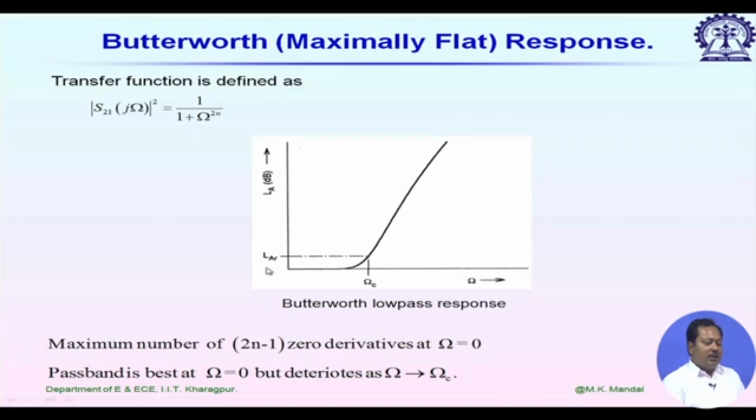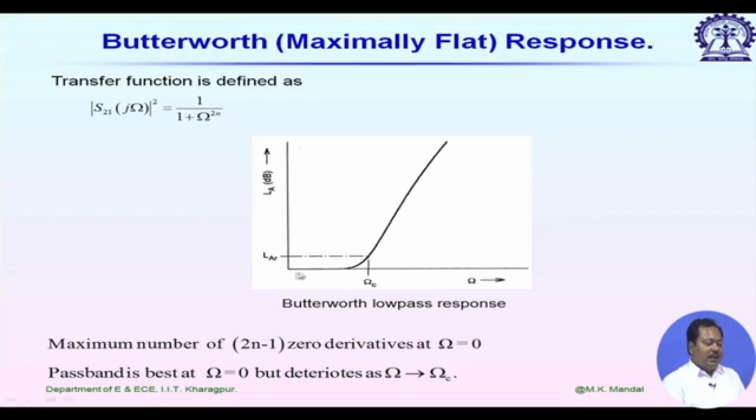At capital omega equal to 0, the loss is 0, and after that it increases. It has the property that the maximum number of 2n minus 1 derivatives are zero at omega equal to 0.